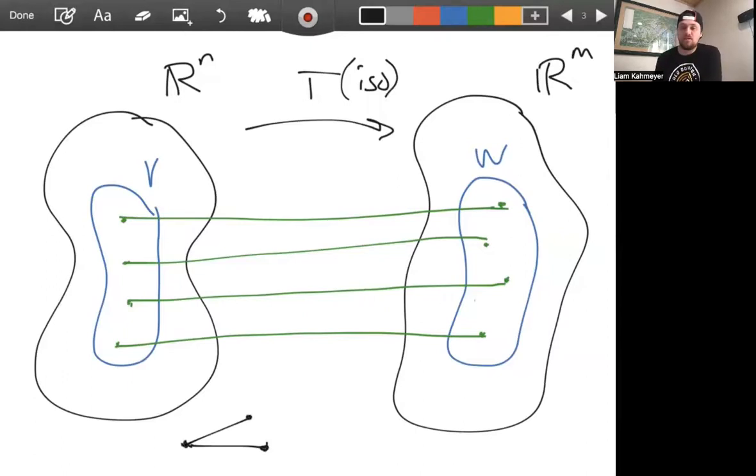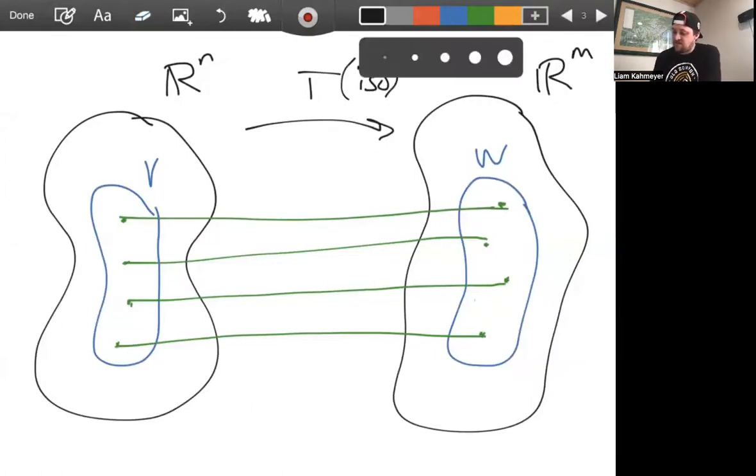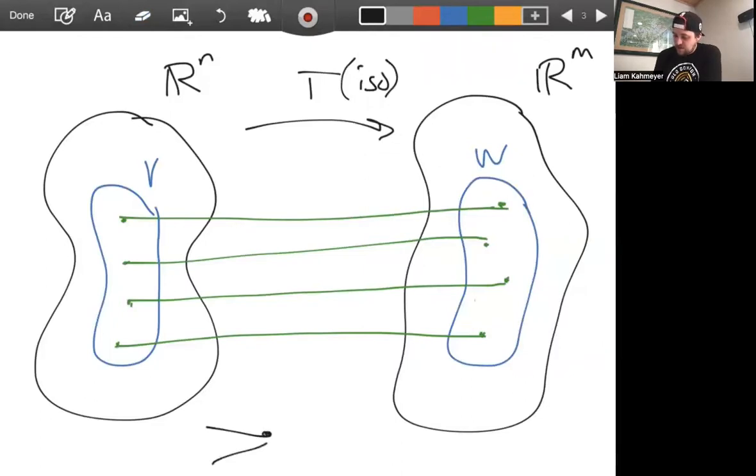If we had one element mapping to two elements in the image, that's not even well defined, so it wouldn't even be a transformation. But we also don't have what happens in a surjection, where you have, say, two elements in the domain, V1 and V2, mapped to the same W. You don't get that for an isomorphism. Basically every element is mapped to some element uniquely, and every element is mapped to. So this is what it means to be an isomorphism, or what it means for V and W to be isomorphic.